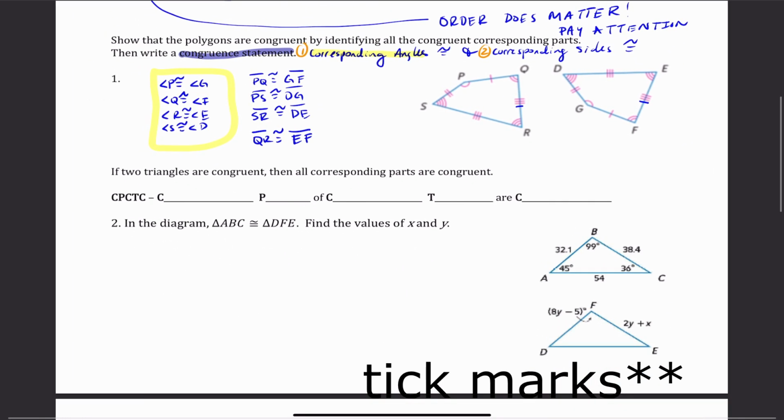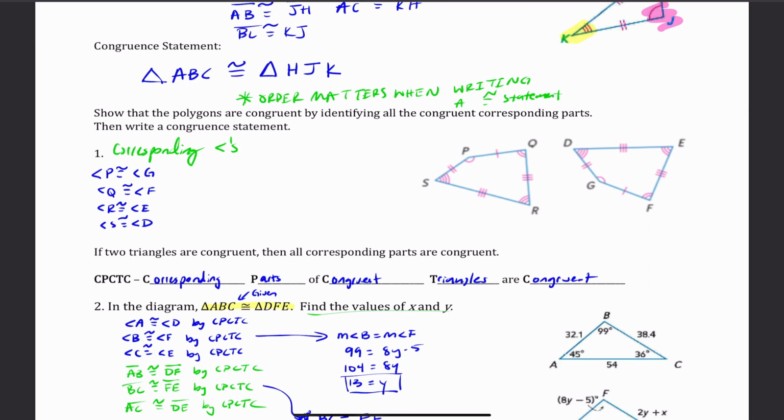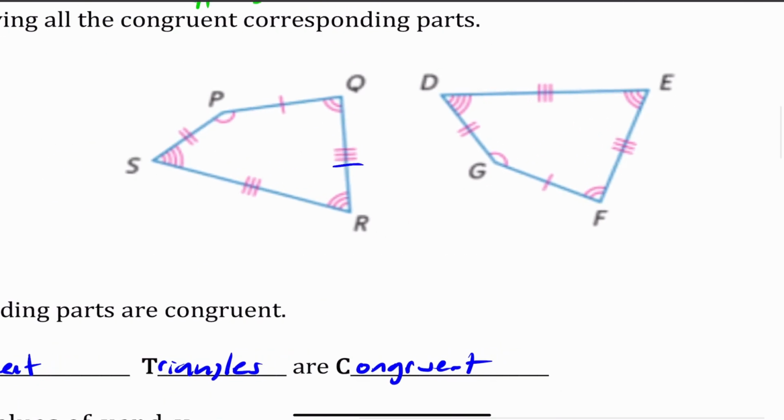Alright, so I just want to go ahead and make a quick edit because I told y'all to add a tick mark here and a tick mark here. We're not going to go ahead and do that.